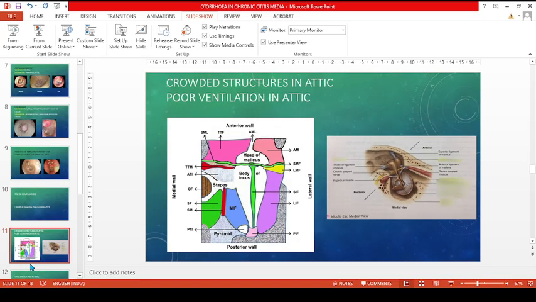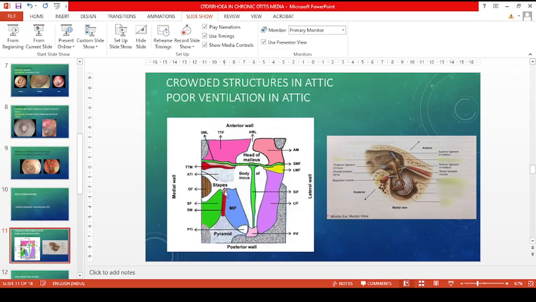Why is this? There is crowding of structures in the attic and there is poor ventilation in the attic. If you see the second picture in the slide, you can see that there is crowding of structures in the attic with the ossicles and plenty of mucosal folds surrounding the ossicles.